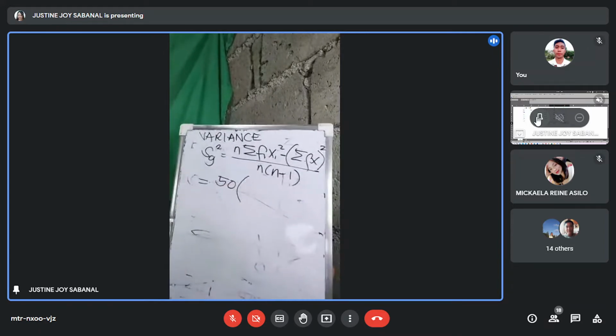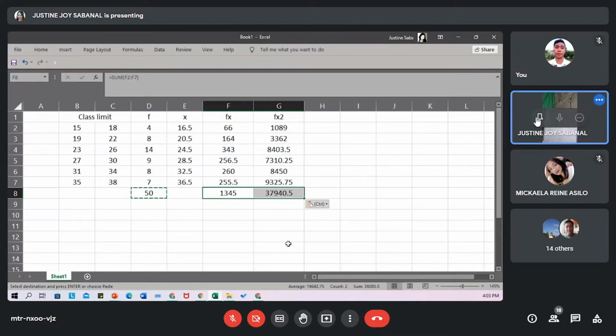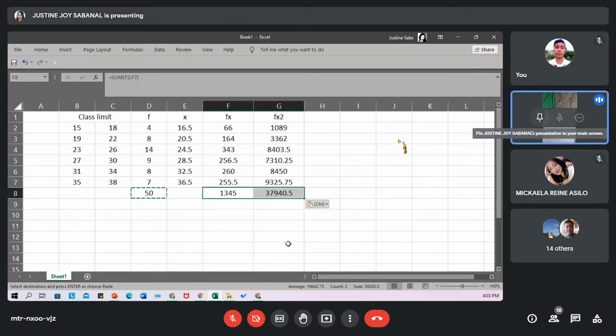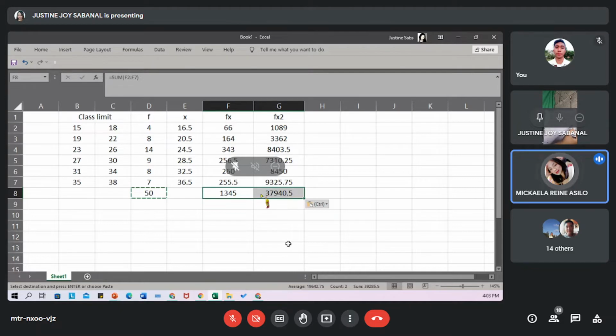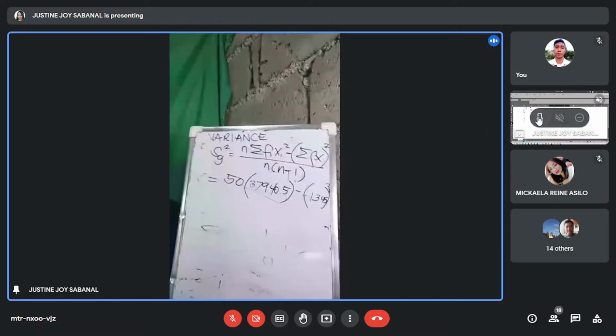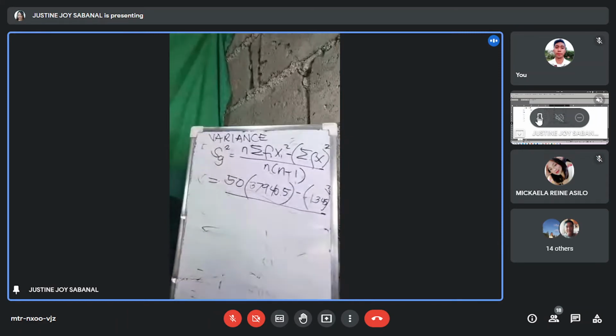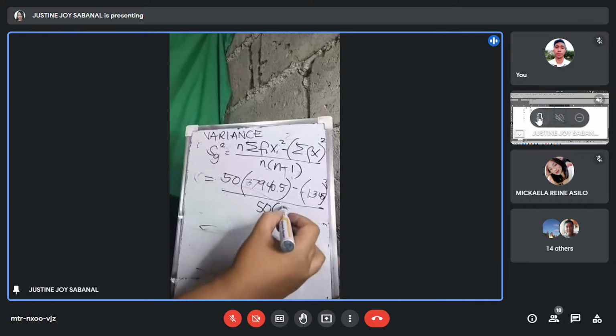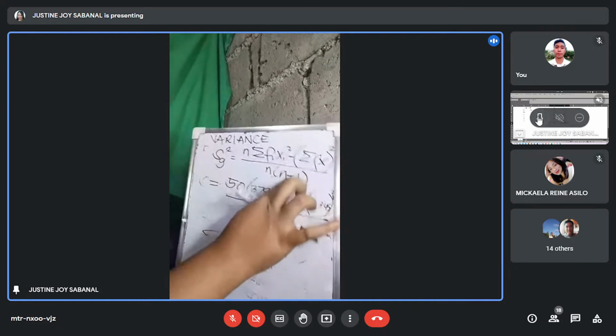Ano yung value ng sum of fi xi squared? 37,940.5. Okay. Minus yung sum ng fx, 1,345. So, 1,345 squared divided by 50 times 50. This is minus po, ha?